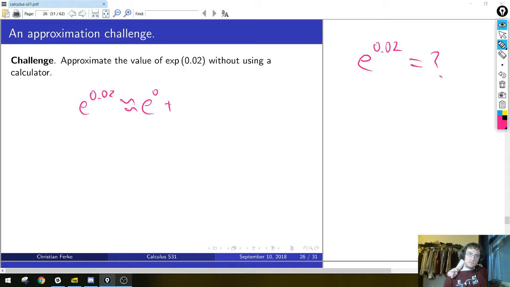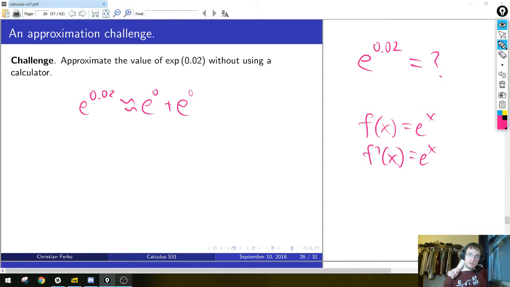Yep. The derivative is still e to the x, and you evaluate that at 0, so what's this guy going to be?